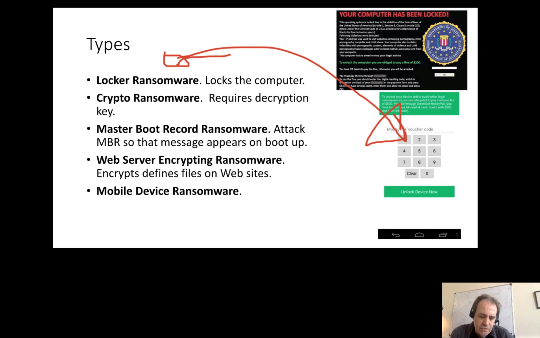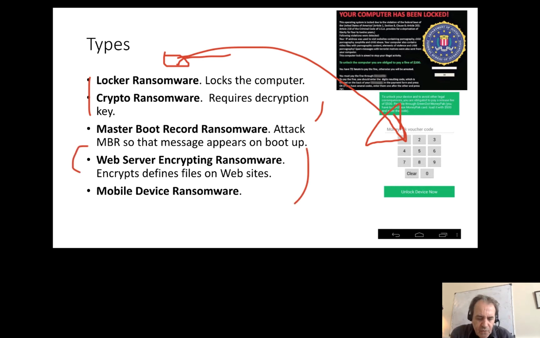There is also typically one that involves an encryption key to encrypt and then a decryption key to be able to decrypt the files. We can also have master boot record ransomware, where the computer doesn't boot up until the ransom is actually paid, and the ransomware agent is embedded into the master boot record.